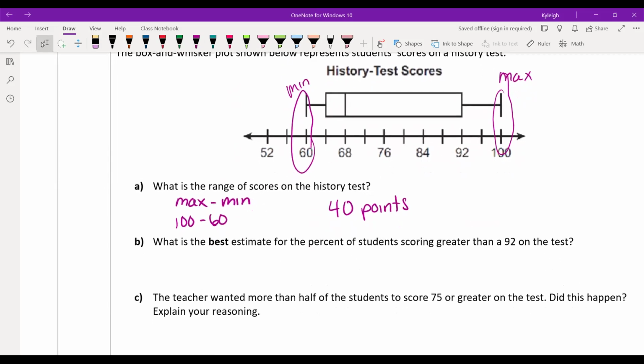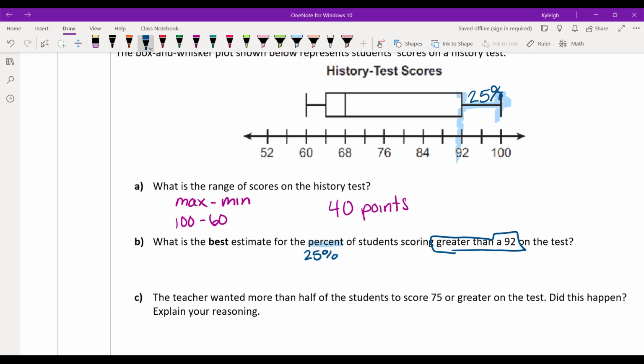So next one says, what is the best estimate for the percent? So we're talking about percents. Remember, every quarter is 25%. Score greater than a 92. So here's a 92, right here. And what percent of the data is above that? There's one section, and each section is worth 25%.